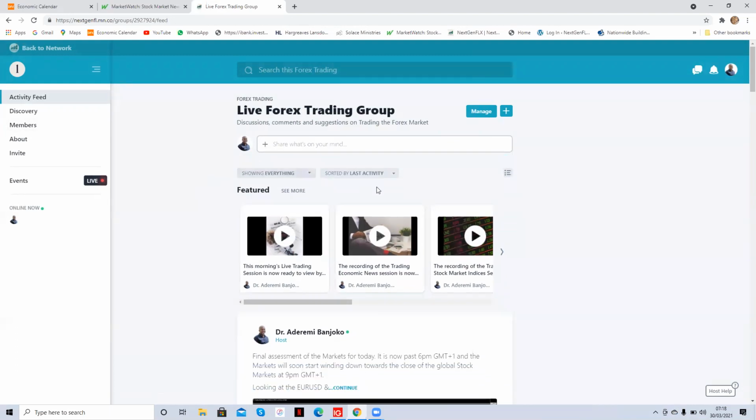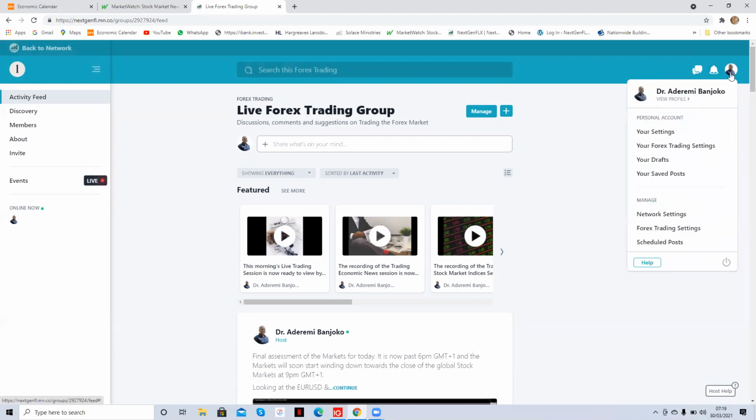So if you're not being notified, maybe you should check your settings on the platform. On the top right, where you have your picture or your avatar, you click on that, and then you can see your settings.